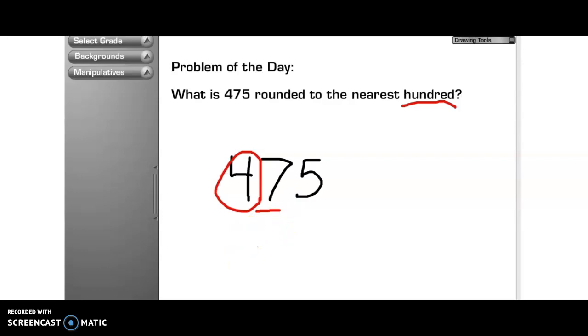So I know that the 7 is more than 5, so this 4 needs to turn into a 5 because I'm rounding up. Then I know that the rest of my numbers turn to zeros. So my answer would be 500.